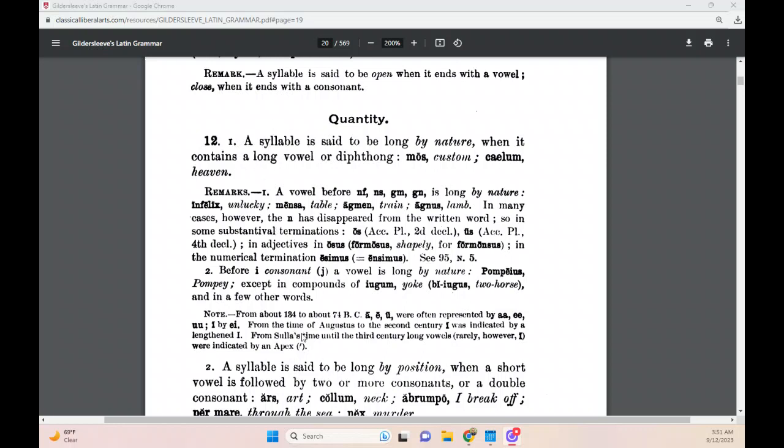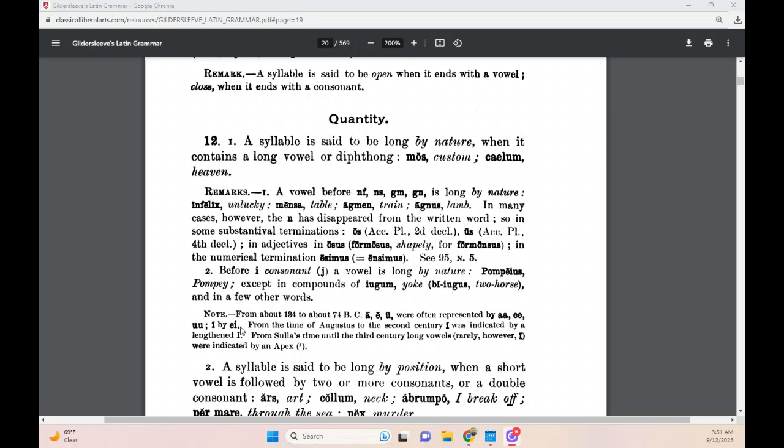Now, you can see the remarks get into some detail, and I don't want you to be distracted or confused by that. Just be aware of what the remarks say, and if you're interested later or you ever come across a word and you hear someone say it and maybe you think it should be said in a different way, you can check it out and look up the rule and then look into the remarks and see if it says anything about that word. I'll give you an example in a little bit of a word that I had a problem with once that I had to do that for. But anyway, let's keep going here.